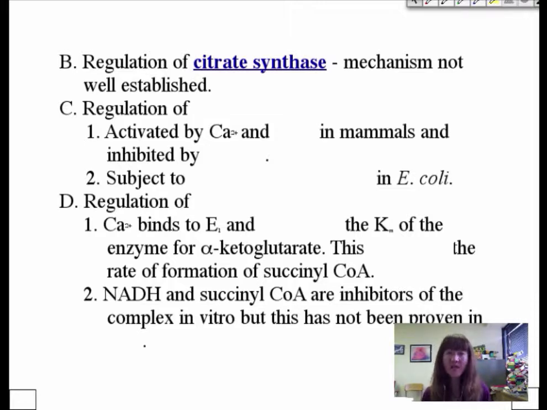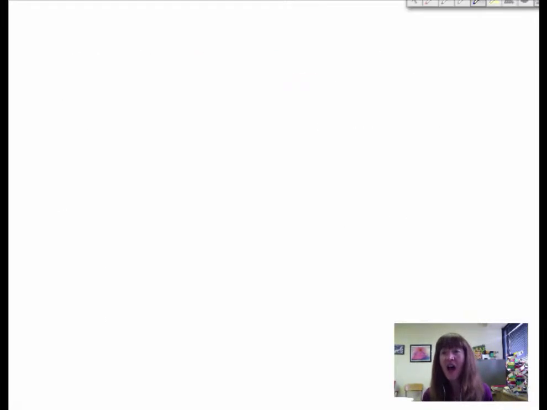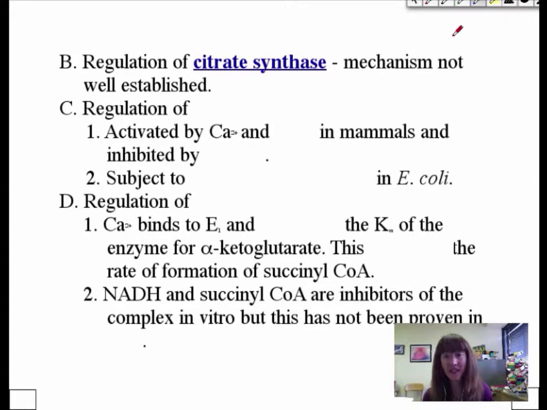And so we likewise might say that the mechanism of regulation at this step is also not very well established. So we'll go ahead and jump into the next step, and just to help us visualize all of this, I'm going to jot a quick skeleton of the TCA to remind us that regulation is taking place at citrate synthase, which is that first metabolically irreversible step.